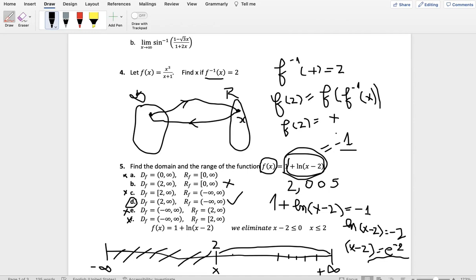That's one of the rules of inverse functions, right? So basically all you have to do is plug 2 into f of x to find x. Does that make sense, guys?